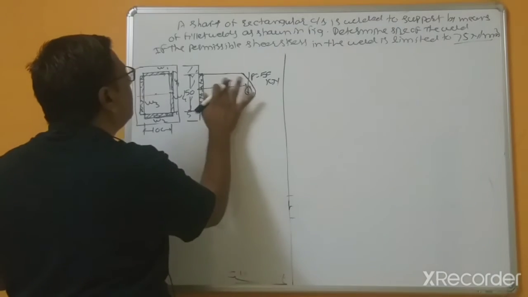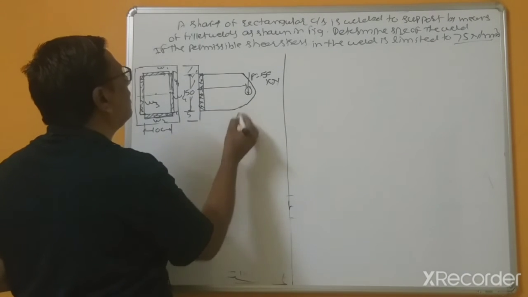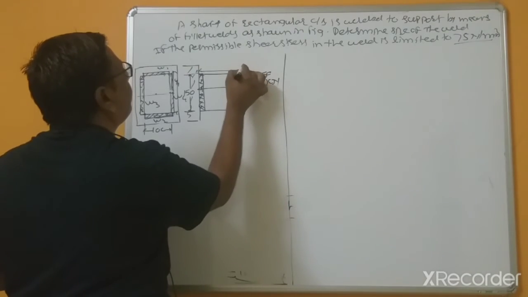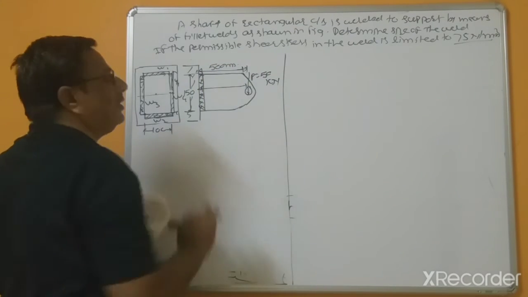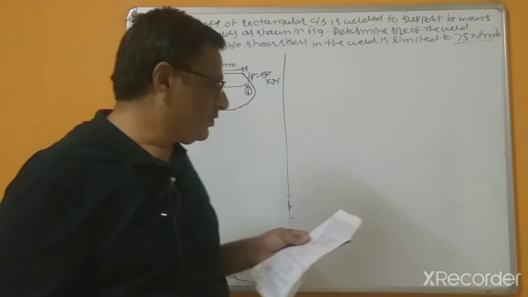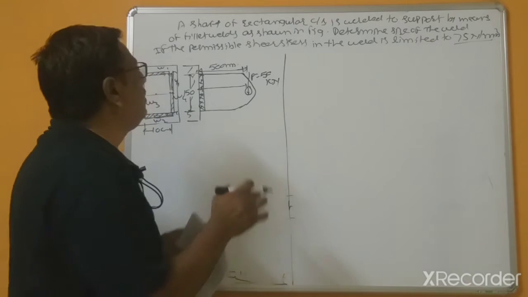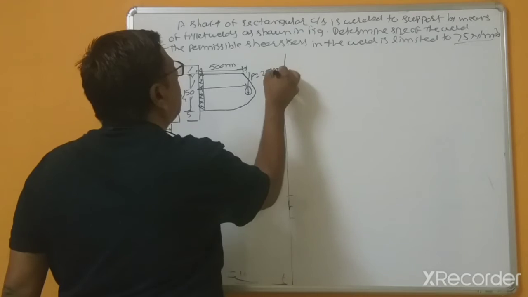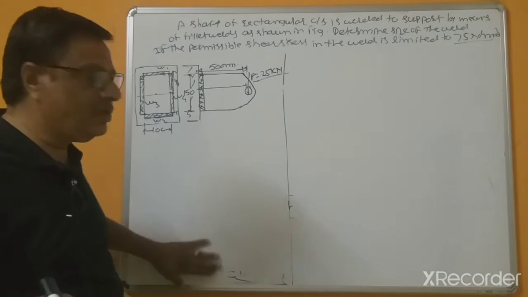Now this distance is given 500 mm. The length is more, so the force acts at a larger distance, and this length is reduced as compared to the previous. P equal to 25 kilonewtons.